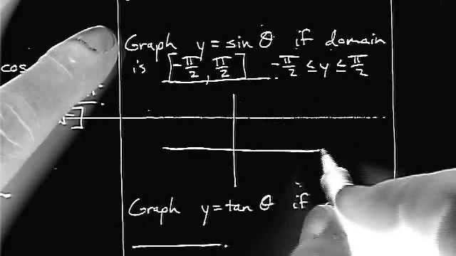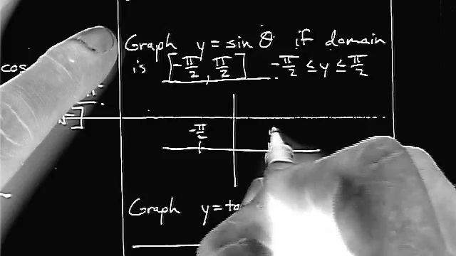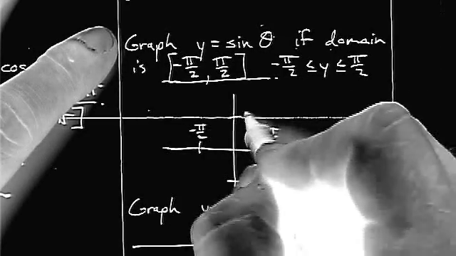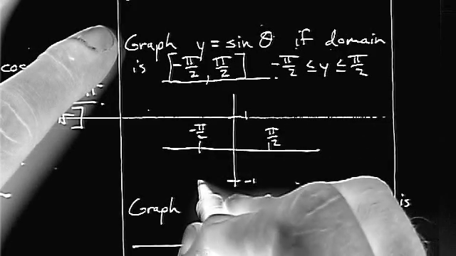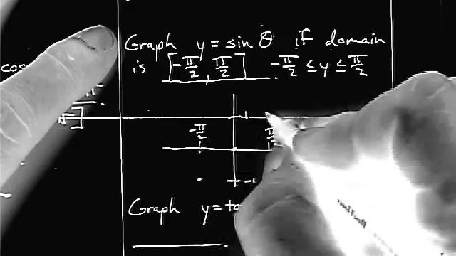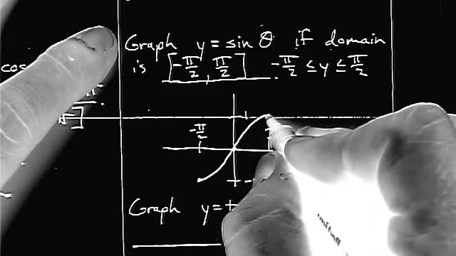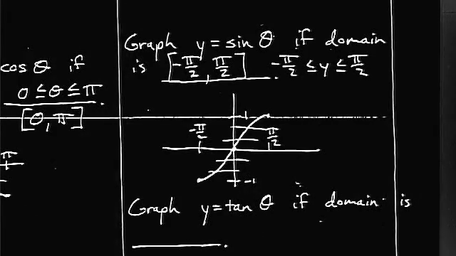So here's what we have restricted it to. We've got -pi over 2 on the left and +pi over 2 on the right, and a -1 here and a +1 there. And so we restricted it. This passes the horizontal line test, so I'm a happy guy, you know, because my inverse is going to be a function, and I like that.